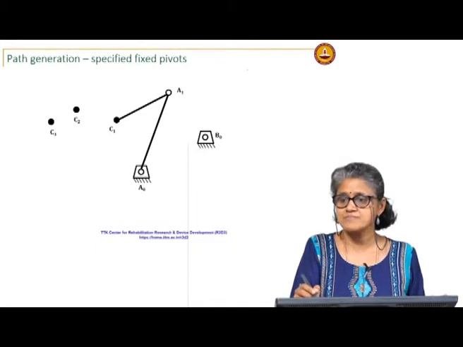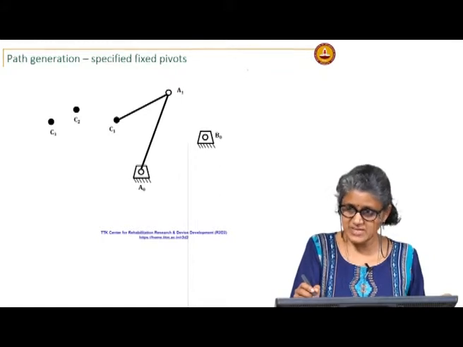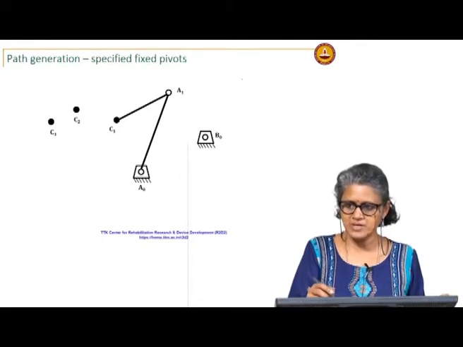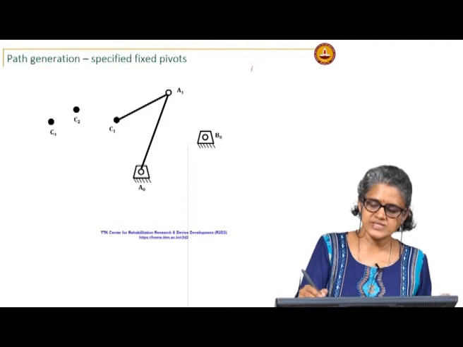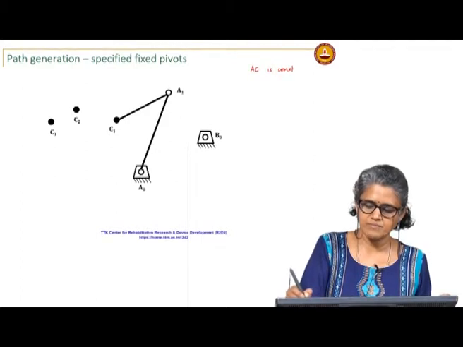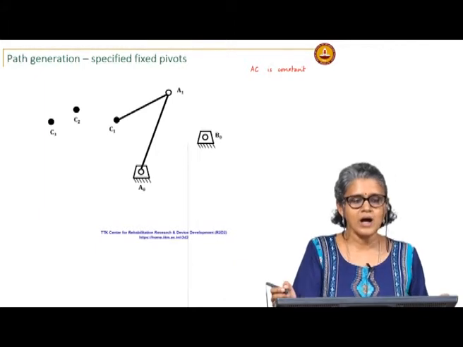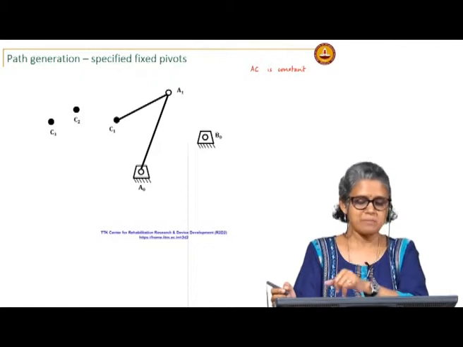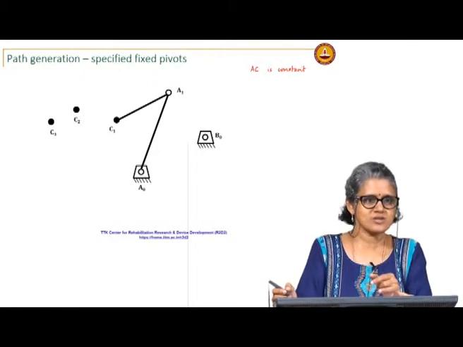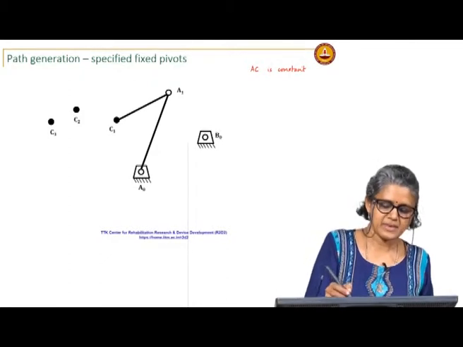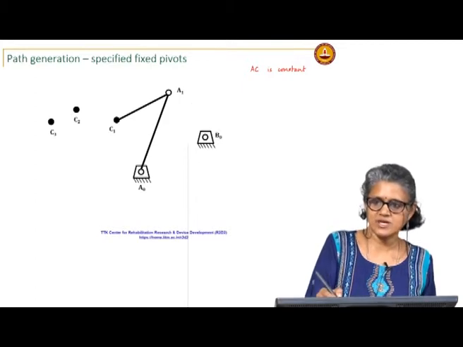We can consider AC to be rigid, because it is on the same rigid body. So, your distance AC is constant, and A0A1 is constant. So, what does that tell you? How will I know the orientation? So, A1 follows a circular path.